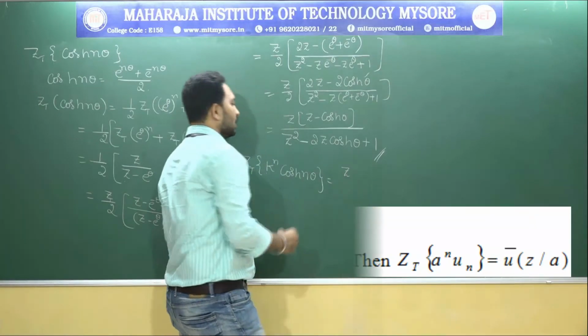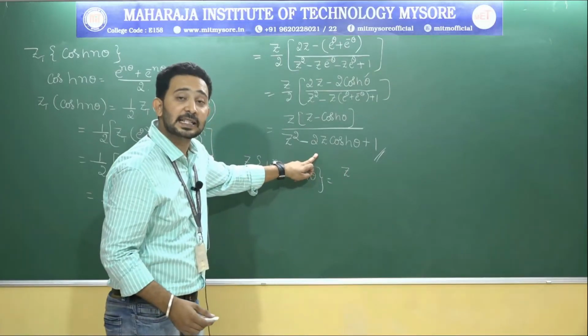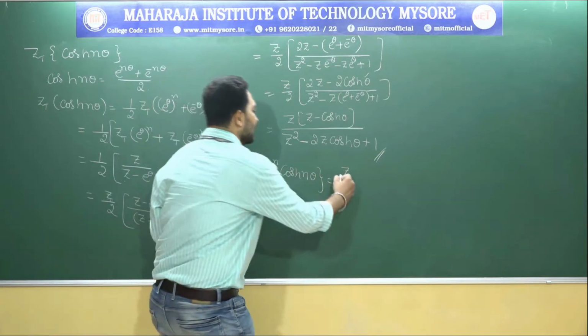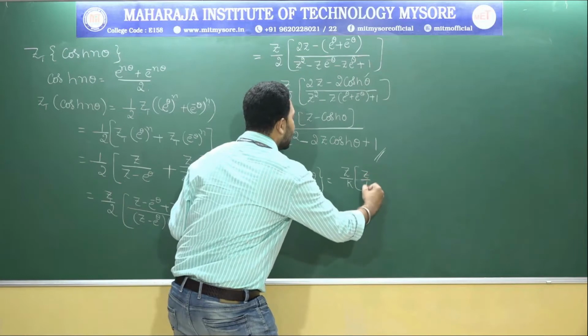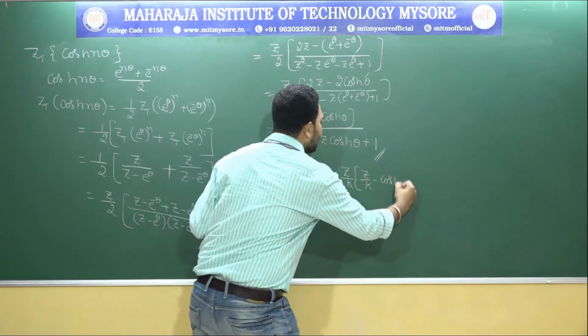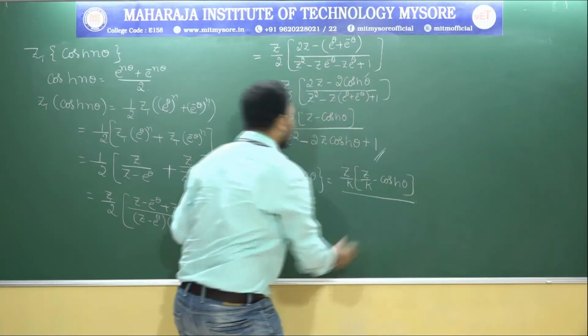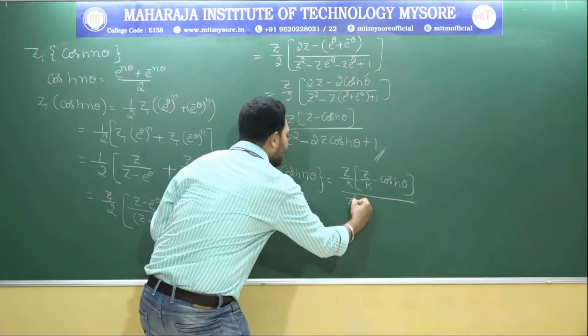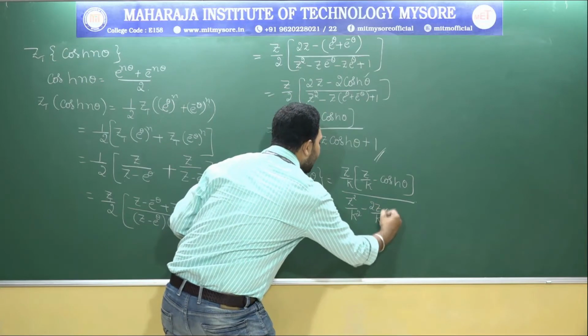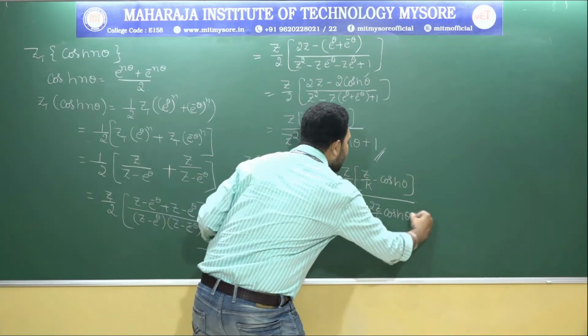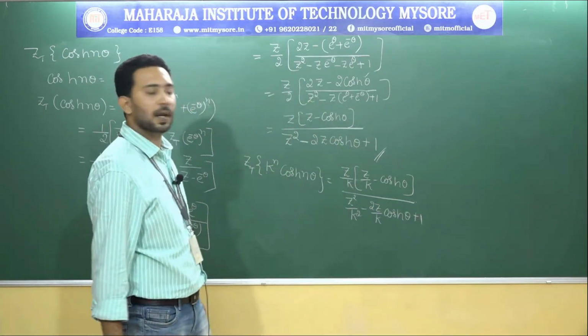Just replace z by z by k here: z by k minus cos hyperbolic theta divided by z²/k² minus 2z by k cos hyperbolic theta plus 1.